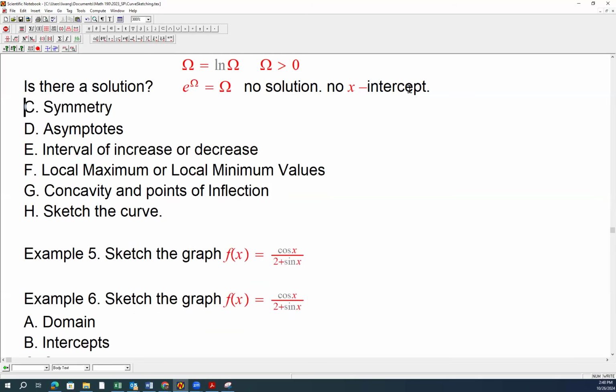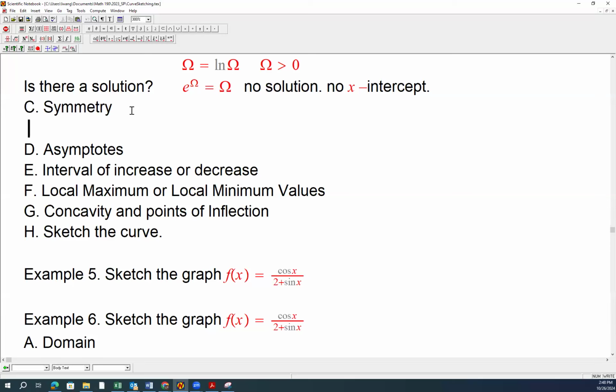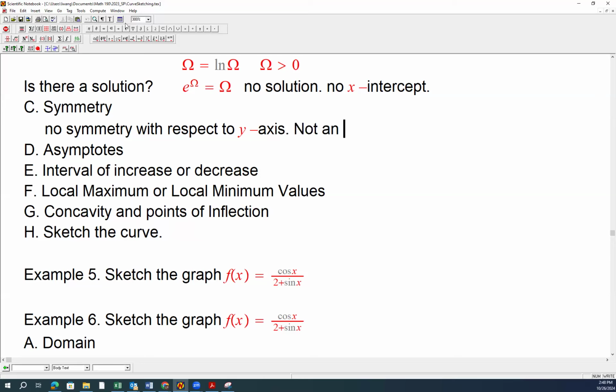So no symmetry with respect to the y-axis. It is not an even function.